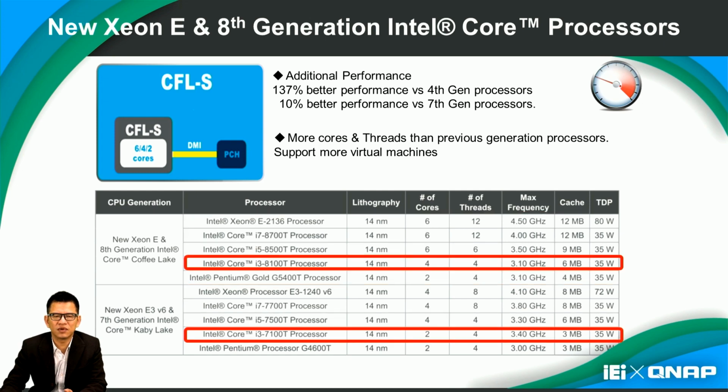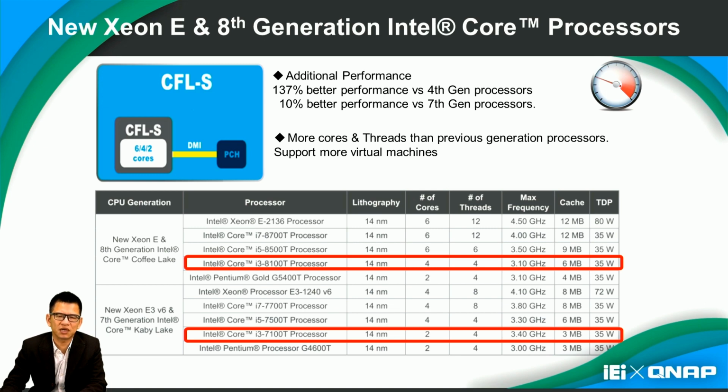But the biggest difference is between Gen 8 Core i3 and Gen 7 Core i3. You can see the numbers here. Gen 8 Core i3 has 4 cores, but Gen 7 has only 2 cores.